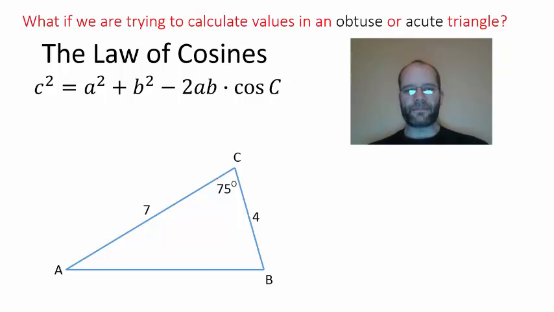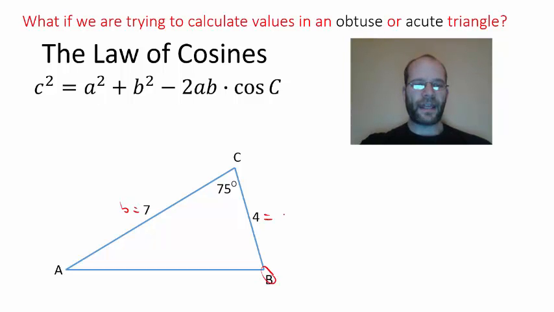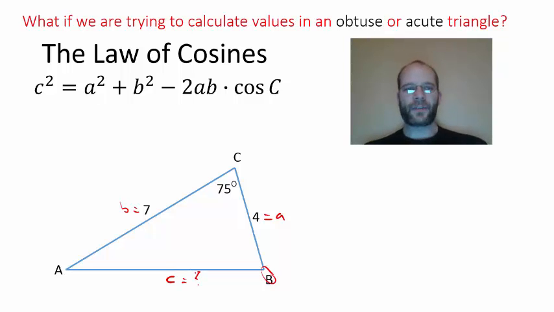In this particular problem, we have known length b, this is b over here because it's opposite angle B, and we have a known length a, and let's try to find this length AB, which we'll call lowercase c. How do we set it up?